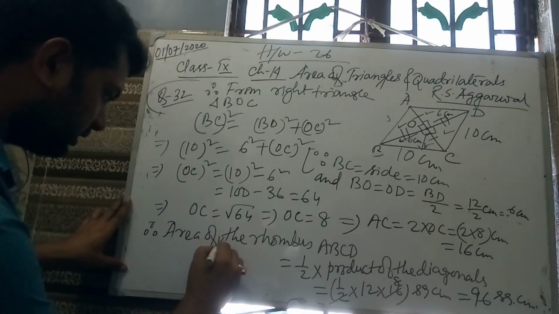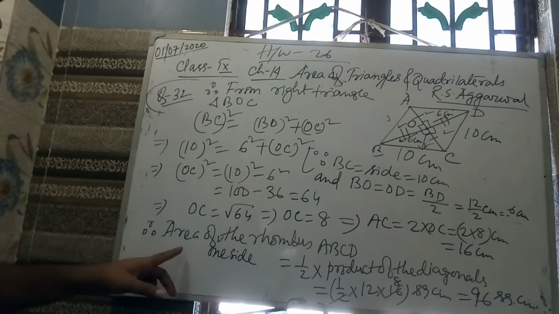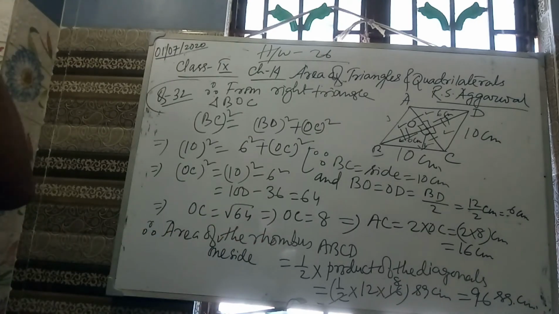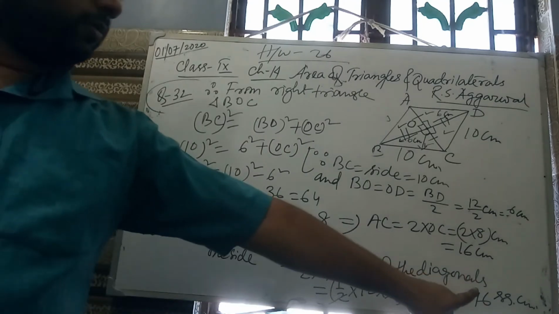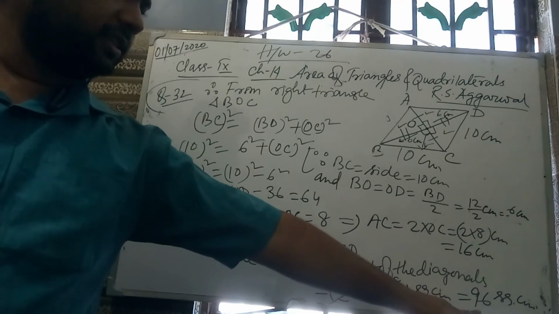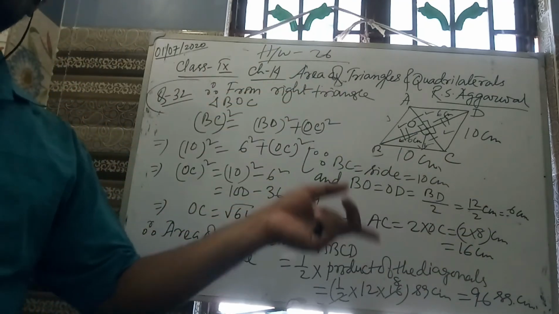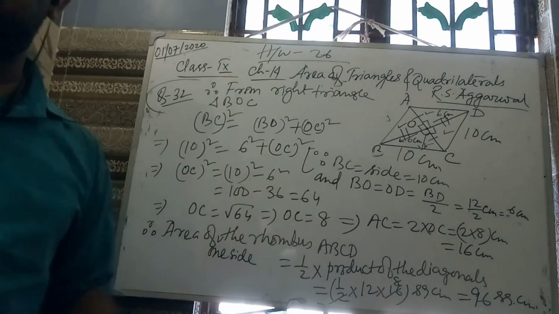Area of one side of the rhombus ABCD is this one. So the cost will be: for one face we have 96 square centimeter, for both the faces 96 into 2. So the cost will be 96 into 2 into 5.